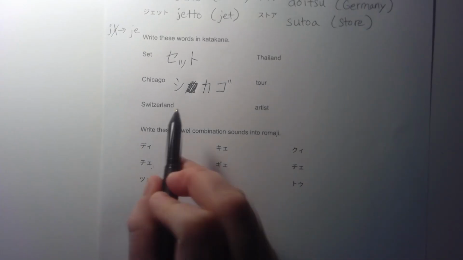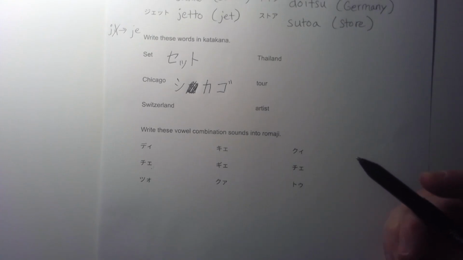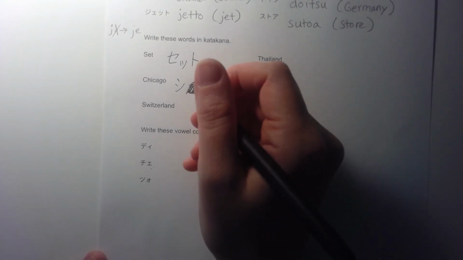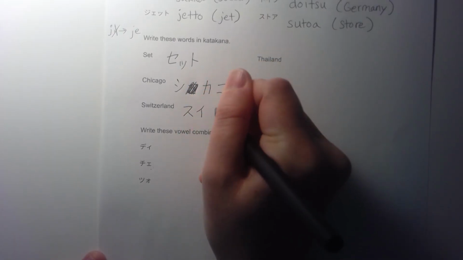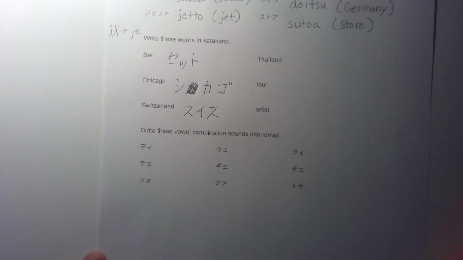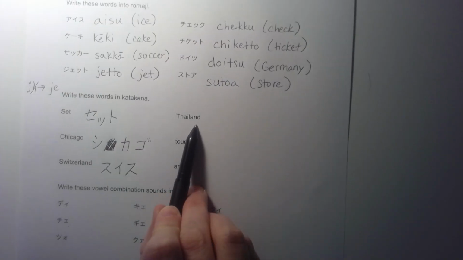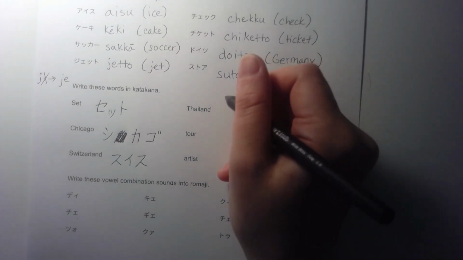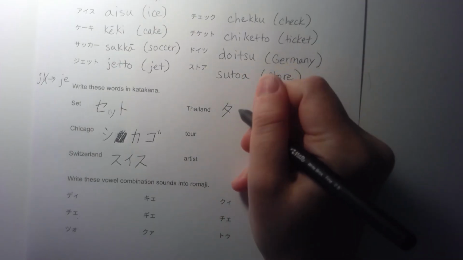Okay, Switzerland, which is Suisu. So we have Suisu. Thailand, we have Tai. Just say Tai. Ta and i.